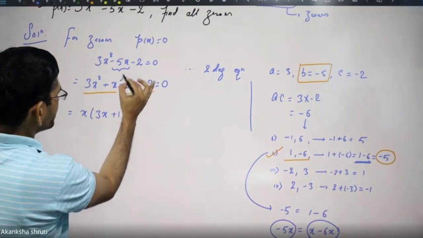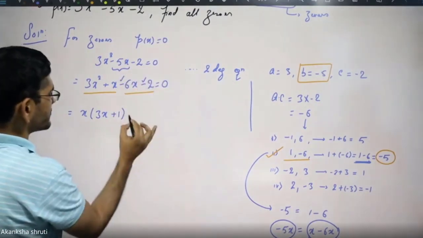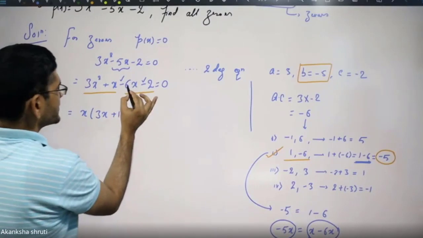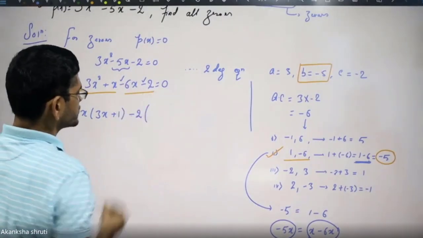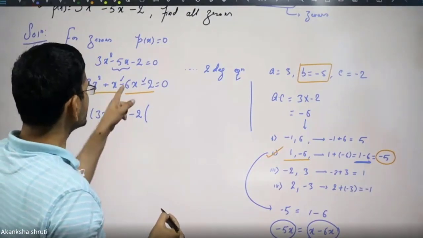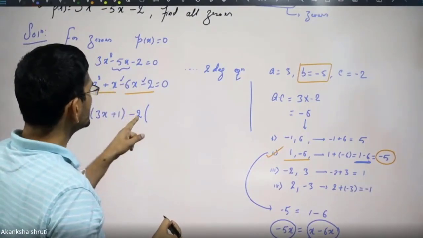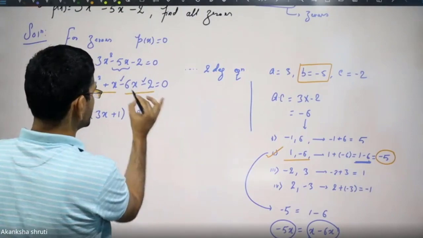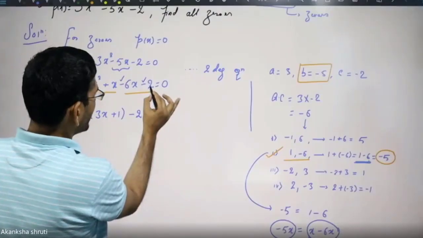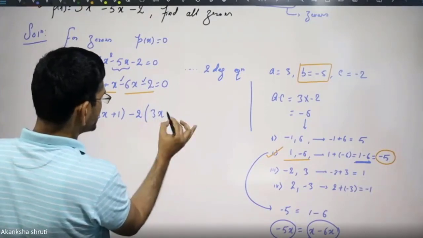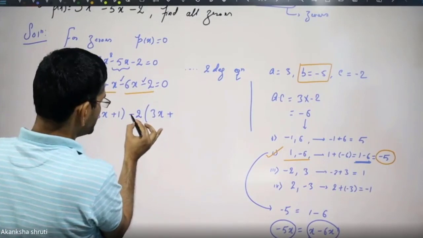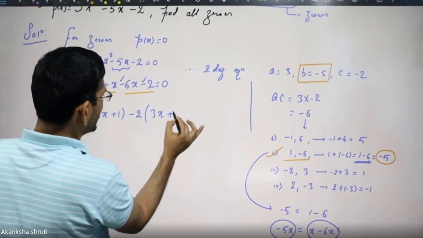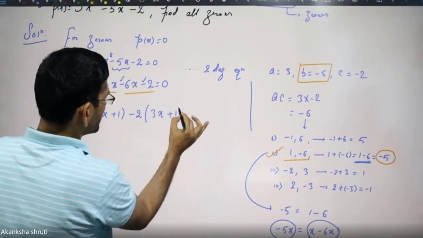Here we observe the sign is negative, so minus can be taken out. From this 6 and 2 we observe 2 is common, so take the 2 out. When 2 is taken out, this 6 becomes 3, because 2 into 3 gives 6. So 3 minus 1 will remain as it is. Now at this place, minus 2 is taken out, so the sign will change to plus, because the minus is taken before the bracket. So it is now plus 1.